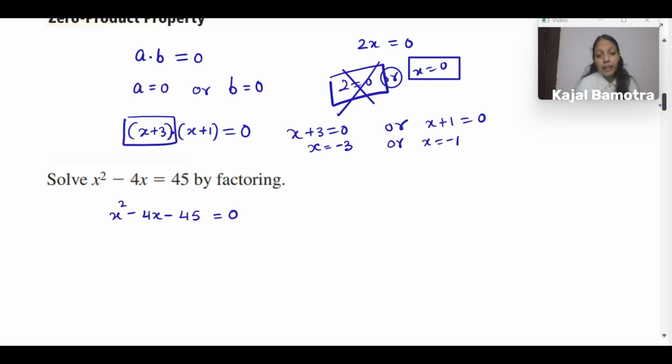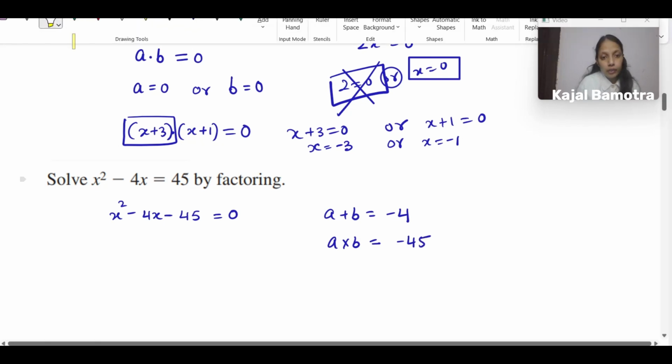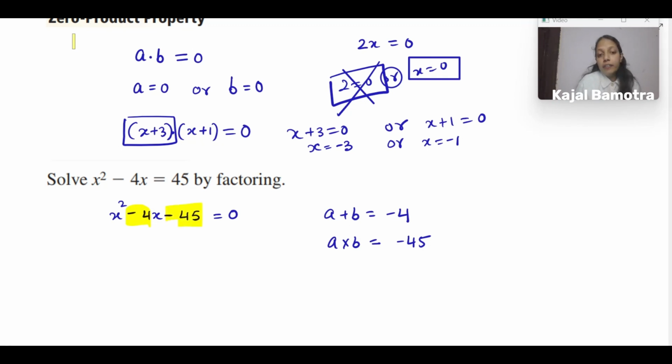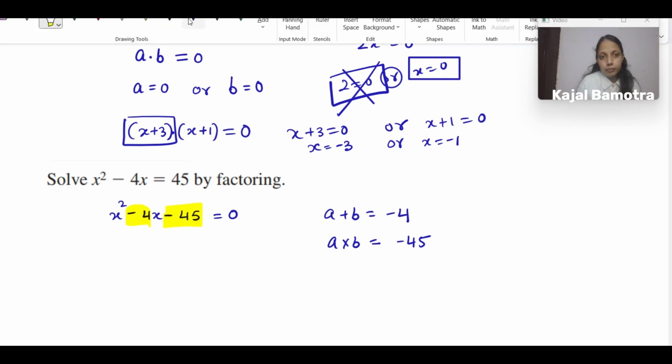What can you do? We have to find two numbers. If I add the numbers, I must get -4. If I multiply the same two numbers, I must get -45. It's very important to recognize this: -4 on addition, -45 on multiplication.